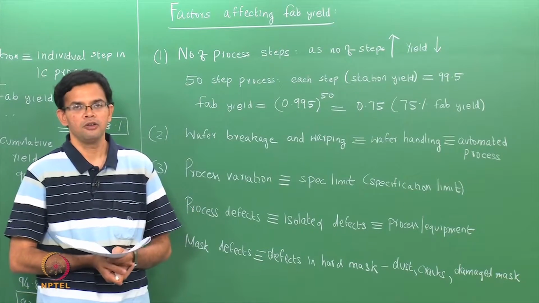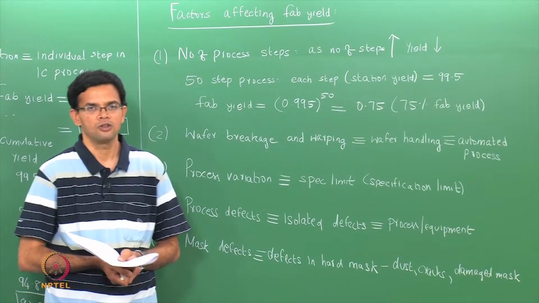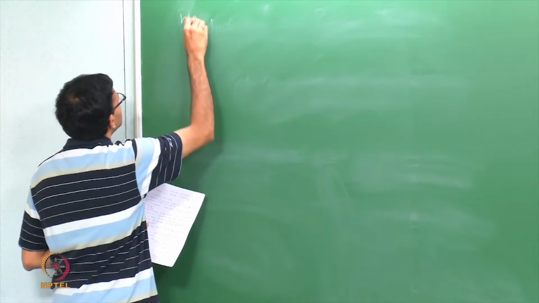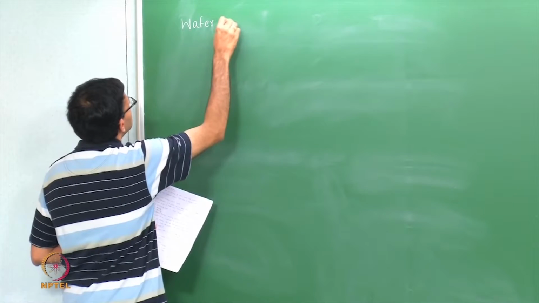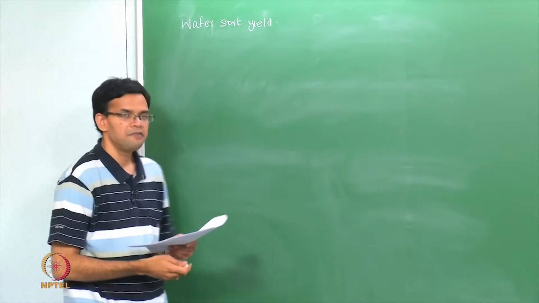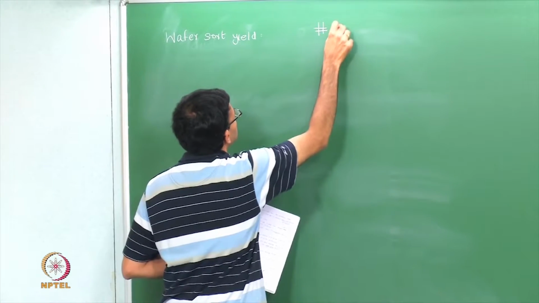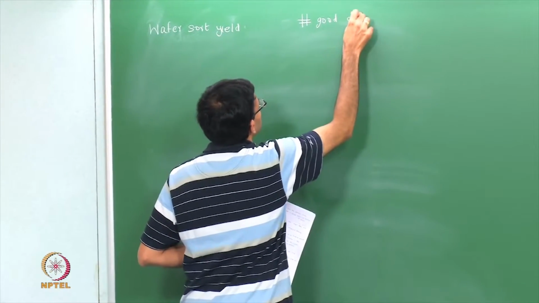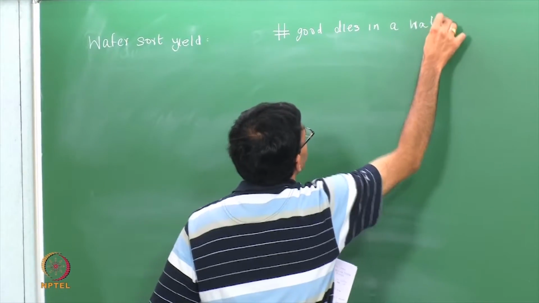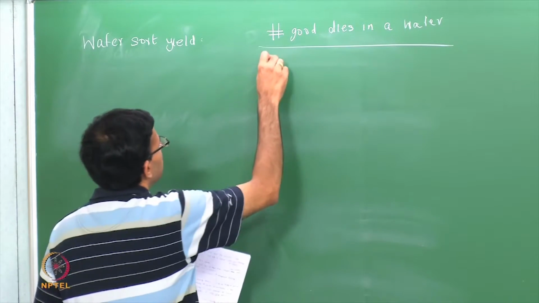The next thing we are going to look at is the wafer sort yield and some of the factors that affect sort. So, we will look at the wafer sort yield next. We define wafer sort yield as the total number of good dies in a wafer divided by the total number of dies in the wafer.